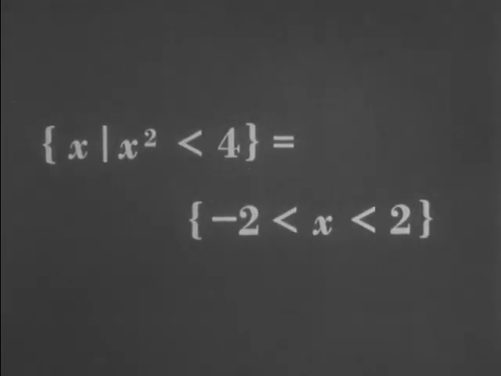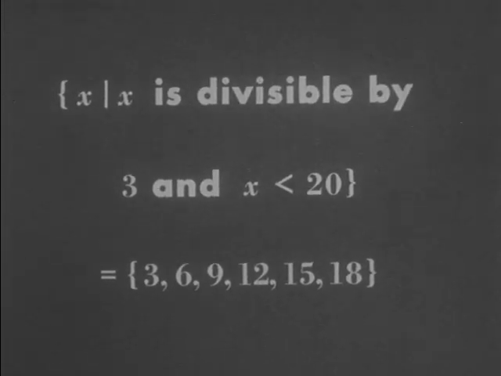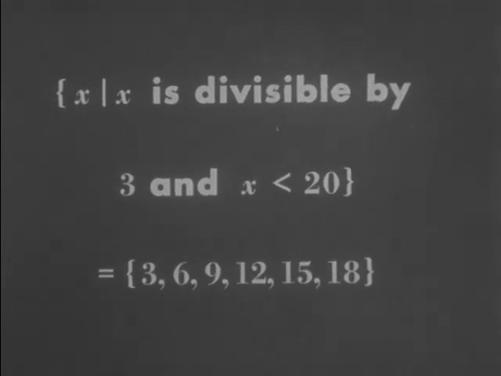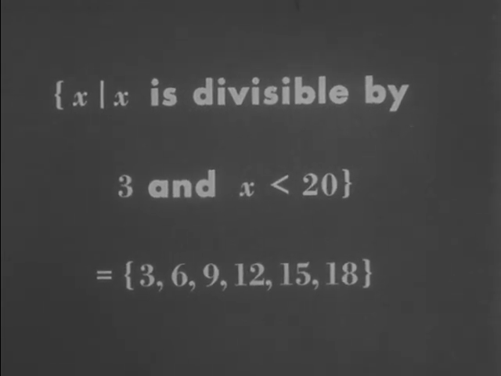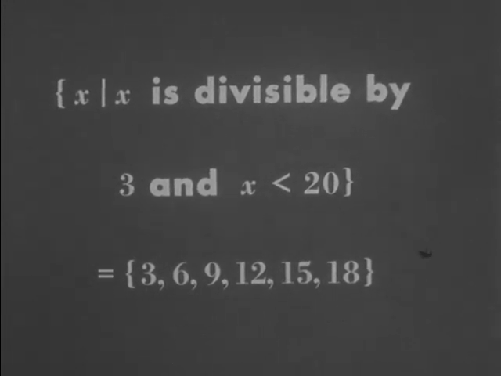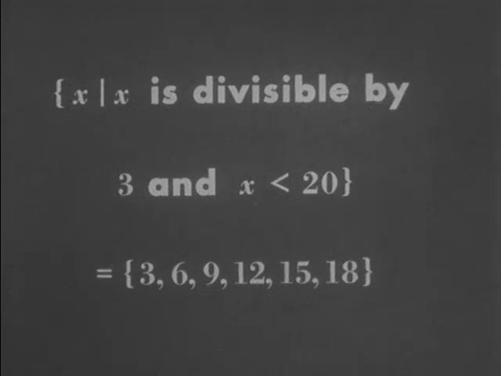The set of all x's such that x squared is less than 4 is all the numbers between minus 2 and plus 2, not inclusive. The set of all x's such that x is divisible by 3 and also less than 20 is the set consisting of the 6 numbers 3, 6, 9, 12, 15, 18.